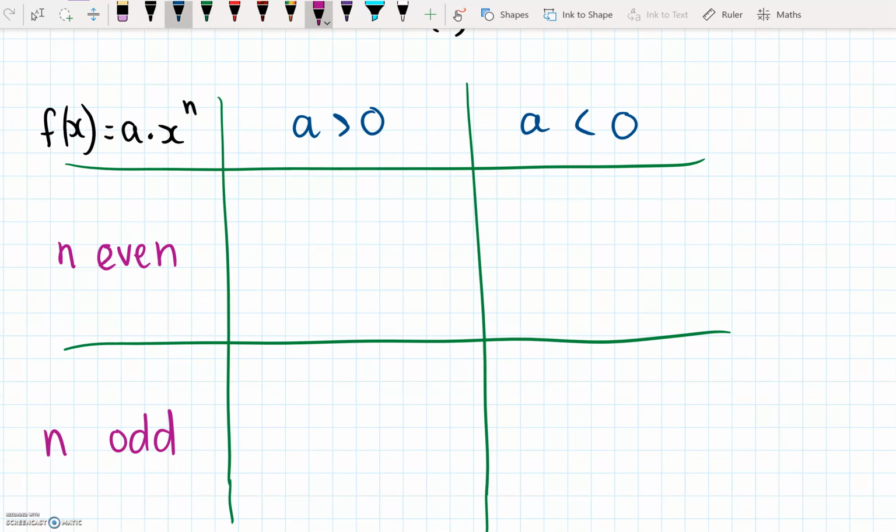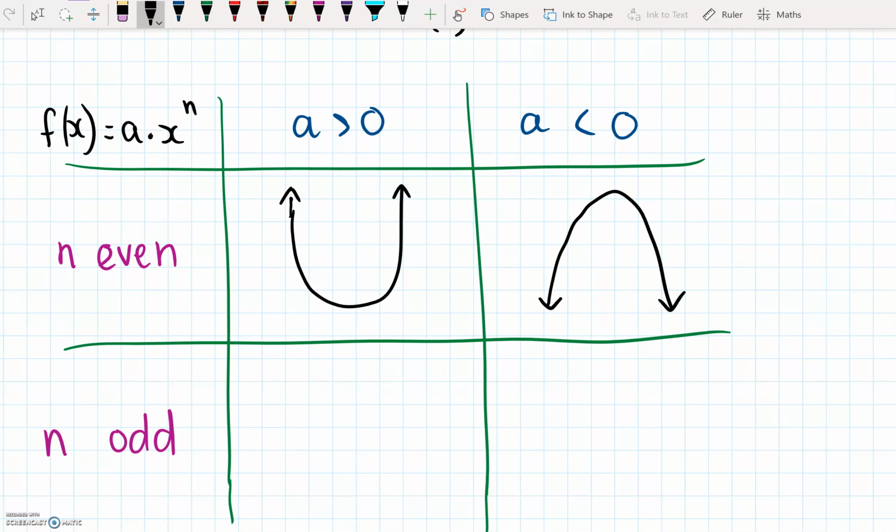All right, now if a is greater than 0 and n is even, so n even means something like x squared. Okay, x squared we know is a parabola, so we know we're looking at the parabolic shapes, and if it's positive, remember it's a happy parabola, so we've got a smiley face. So these are functions that look roughly like this. And if a is negative, then we have a function that looks roughly like this.